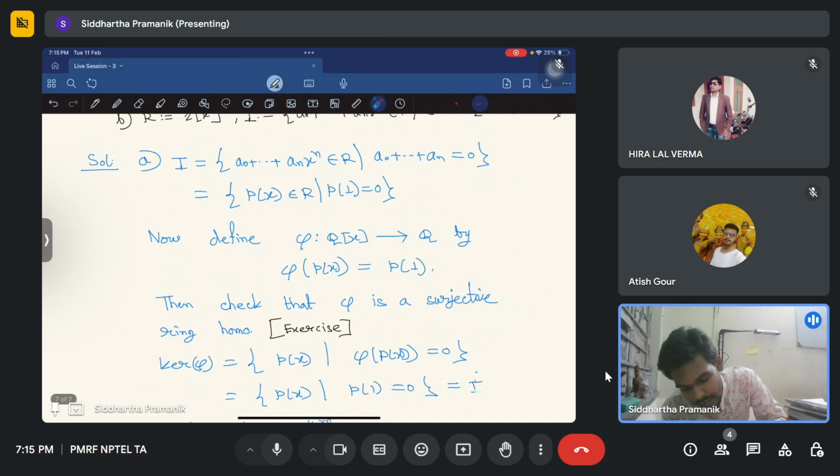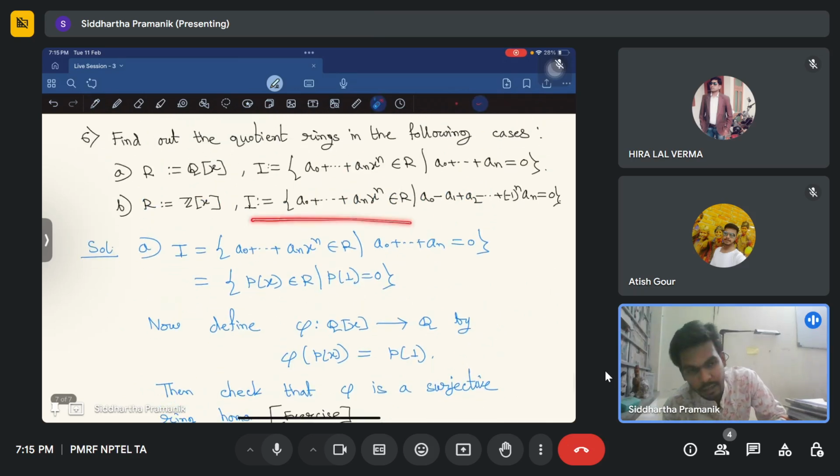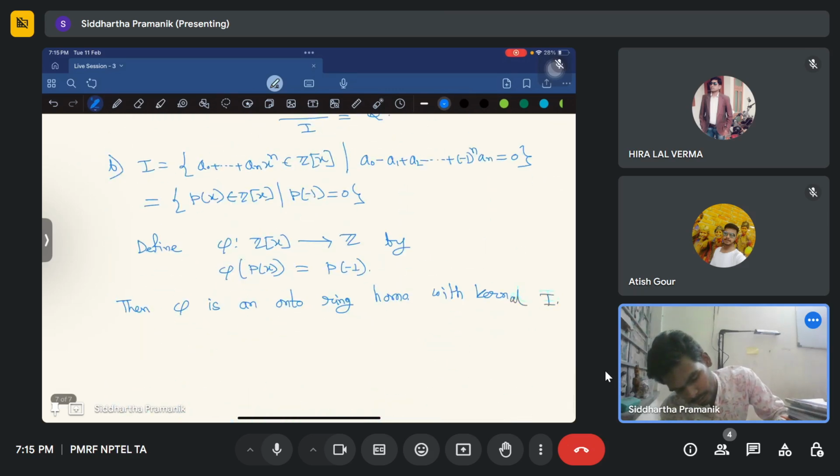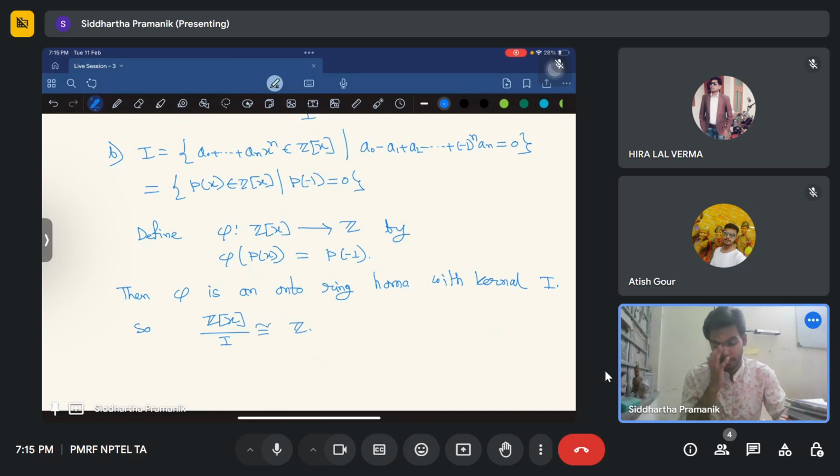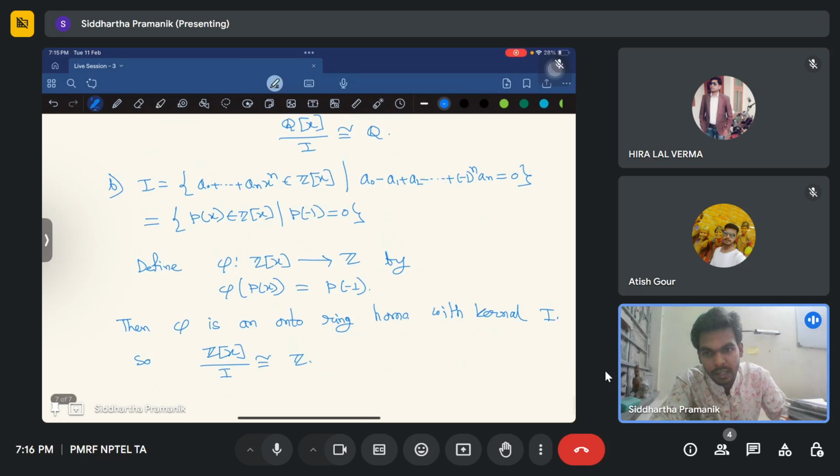So the main task here is to identify these ideals with a simpler version. So here Z[x] mod I is isomorphic to Z. Is it okay?